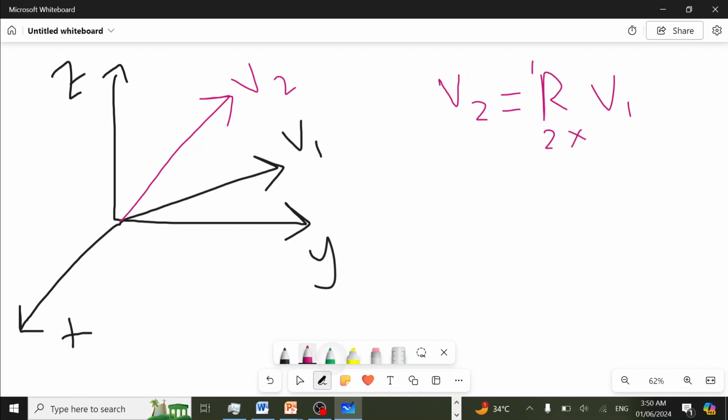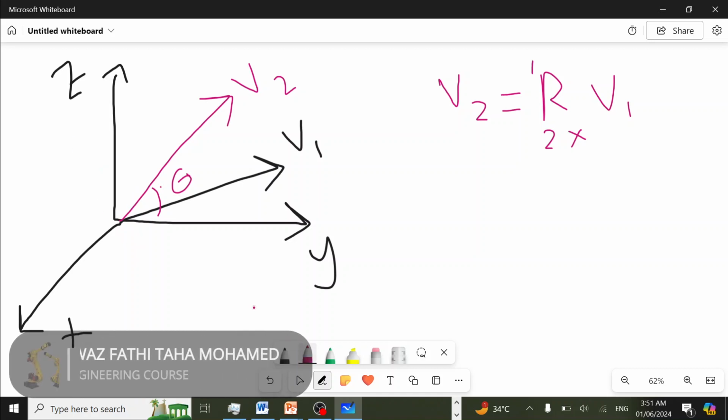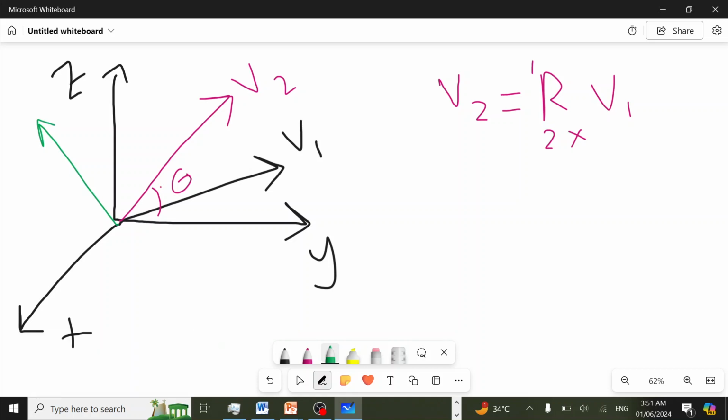Now if we make another rotation for v2, but this time, for example, after the rotation by theta around the x-axis, we make a rotation around the z-axis.